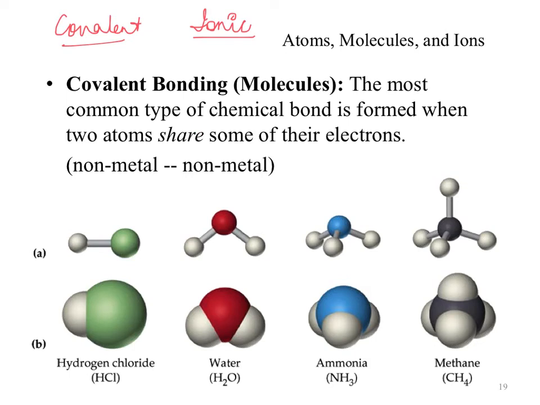So on one hand, sodium will lose one electron and achieve stability. On the other hand, Cl will gain one electron and achieve the stability. So stability and achieving that octet is the primary reason that you're going to see bonding. And it can be achieved in two ways.